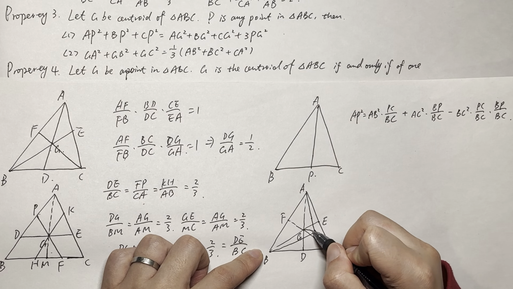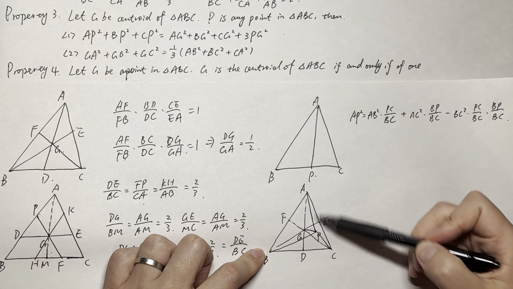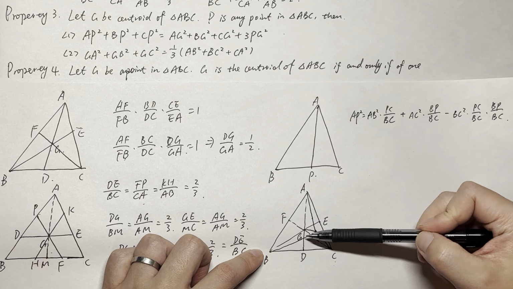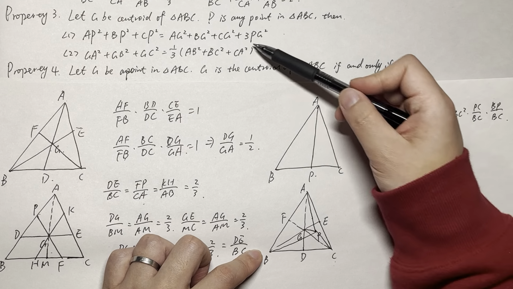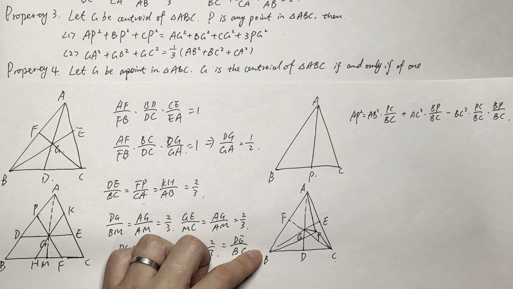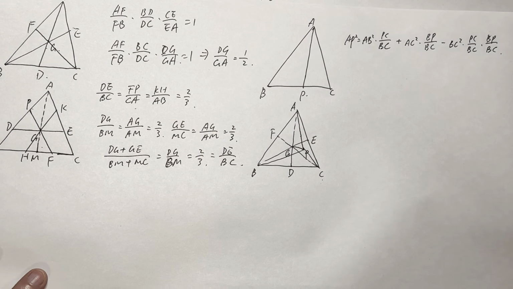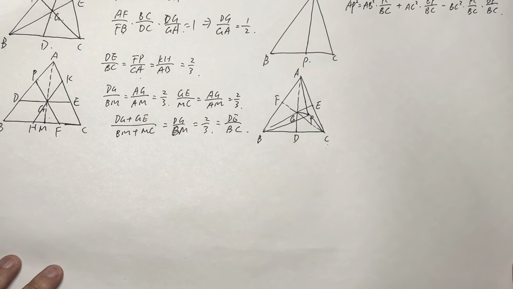Then we want to find the relation of AP, BP, CP, and AG, BG, CG, and PG, right? Obviously, we have to use the Stewart theorem a lot in this one.